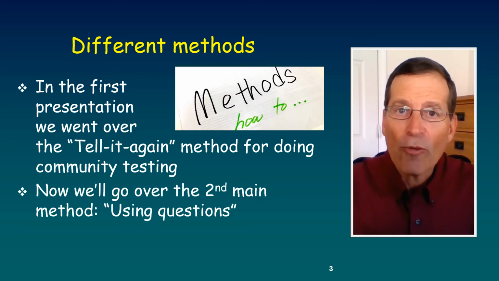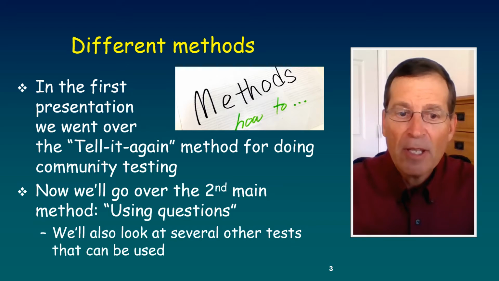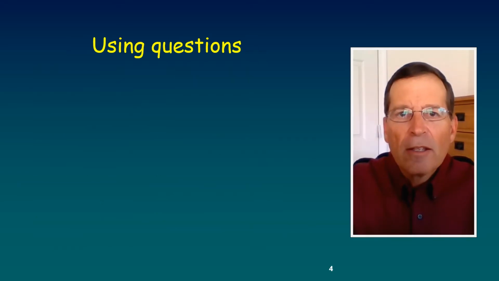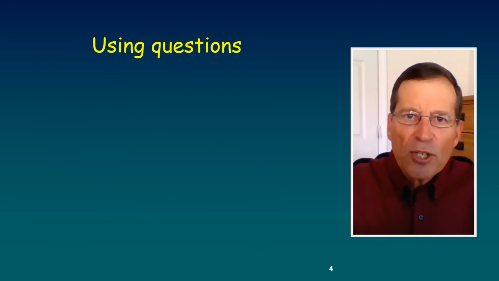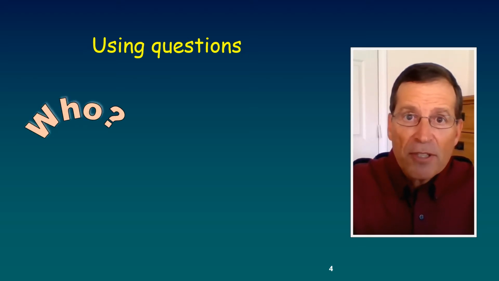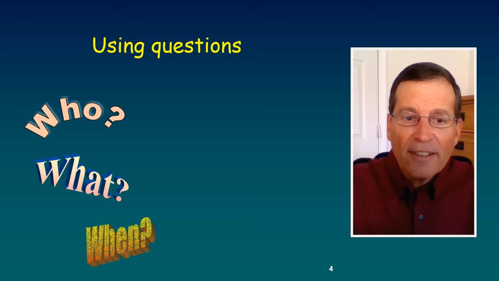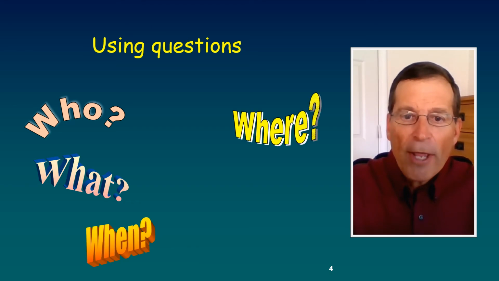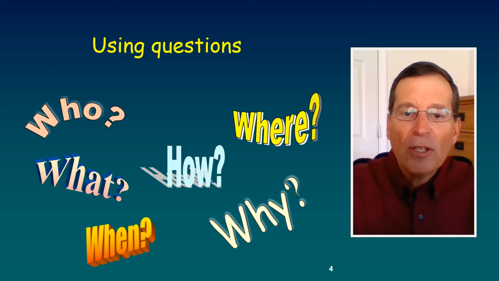Now we're going to go over the second main method for testing, and that is using questions. We're also going to look briefly at several other tests that can be used. There are a number of different question words we can use that will help us get at different aspects of the meaning. For instance, who, what, when, where, how, and even why.